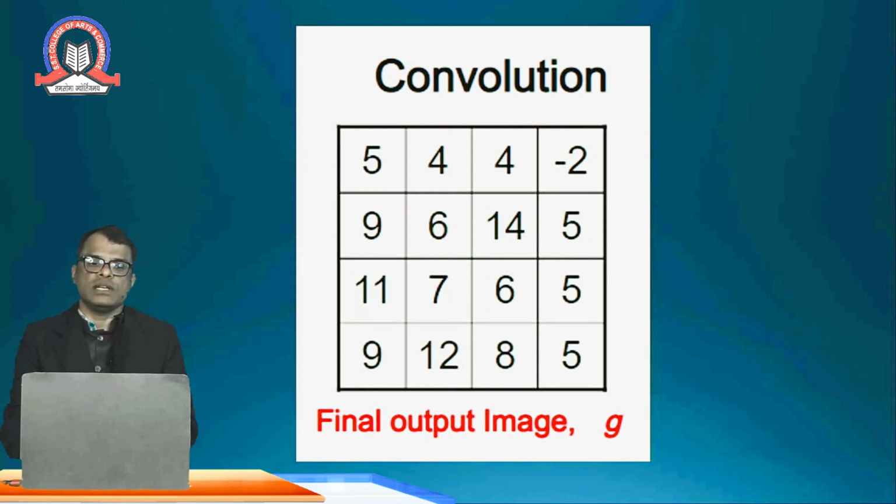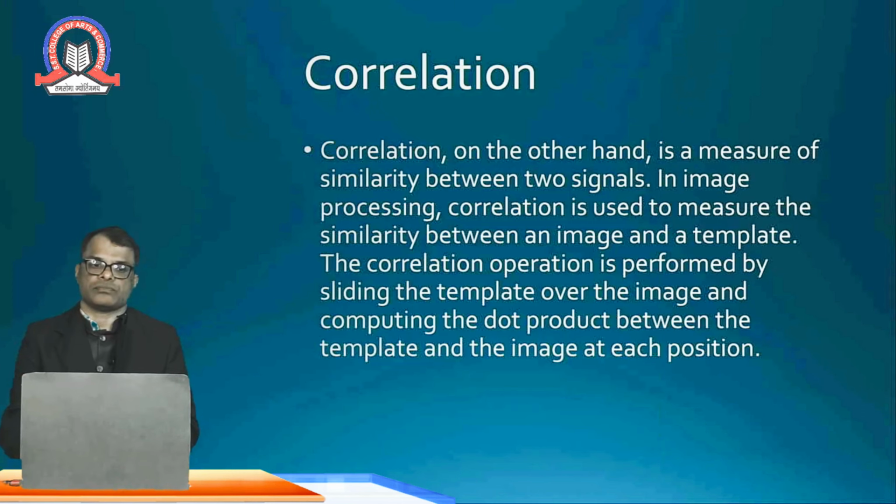Now the next one is correlation. Correlation, on the other hand, is a measure of similarity between two signals. In image processing, correlation is used to measure the similarity between an image and a template. The correlation operation is performed by sliding the template over the image and computing the dot product between the template and the image at each position.